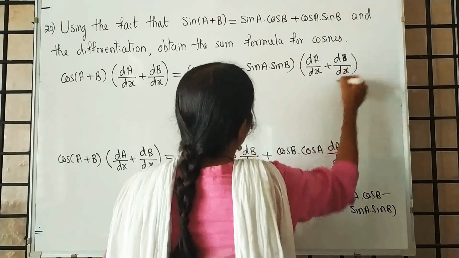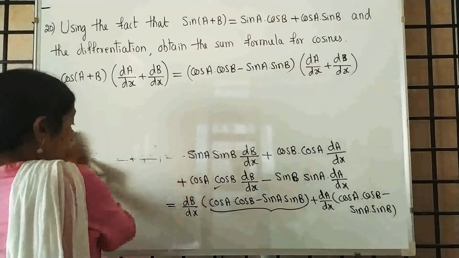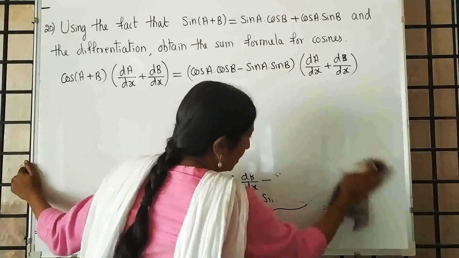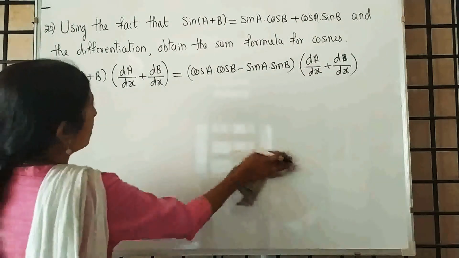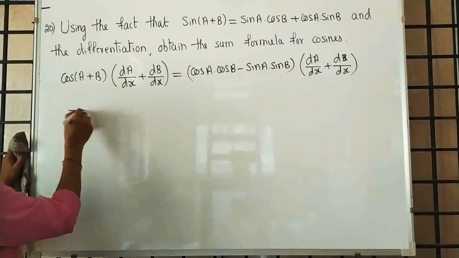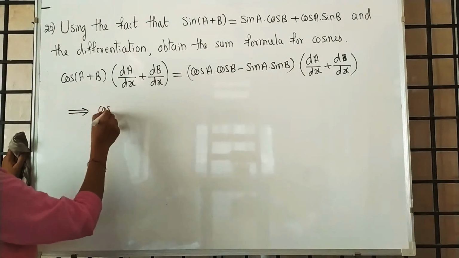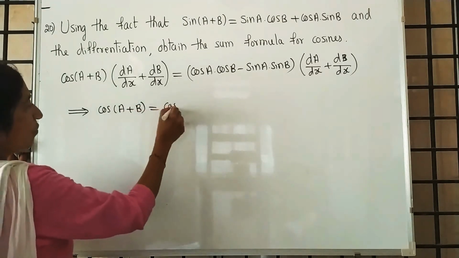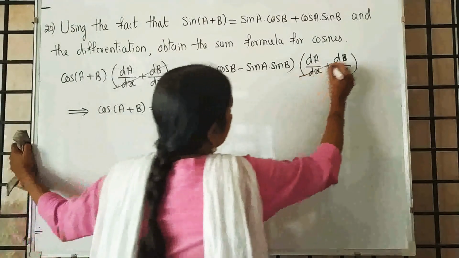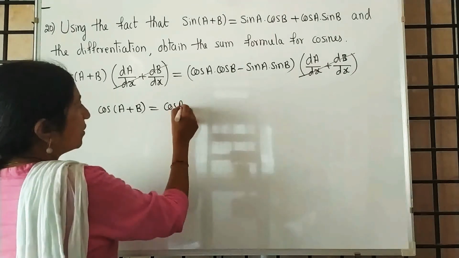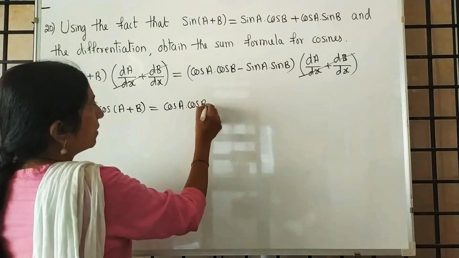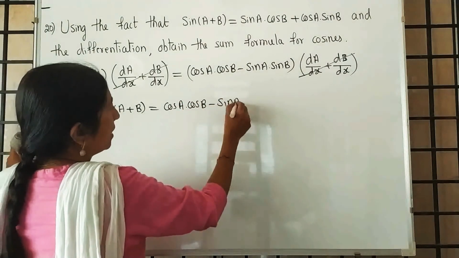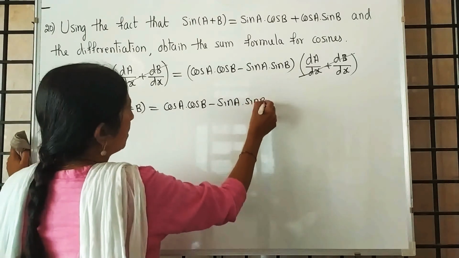On both the sides, dA upon dx plus dB upon dx cancels. So what is remaining? Remaining is cos(A plus B) is equal to cos A into cos B minus sin A into sin B.